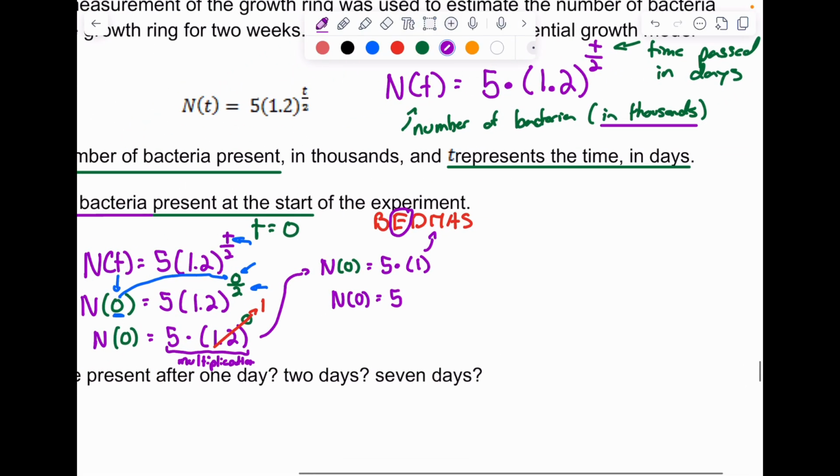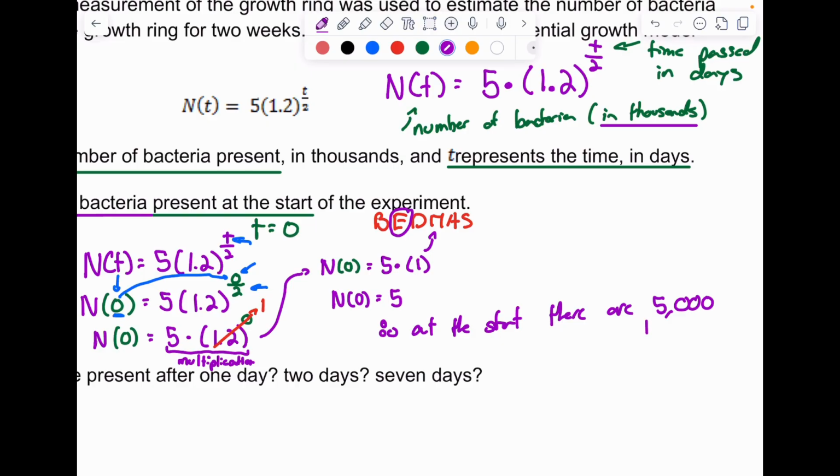So therefore, at the start, there are 5,000 bacteria, okay? Because this is measured in thousands.